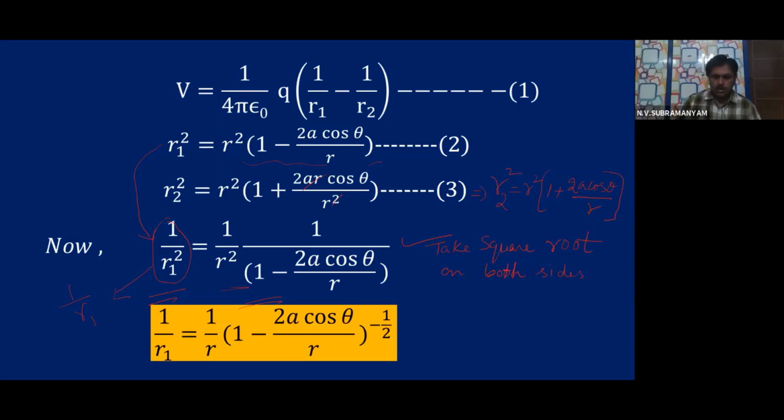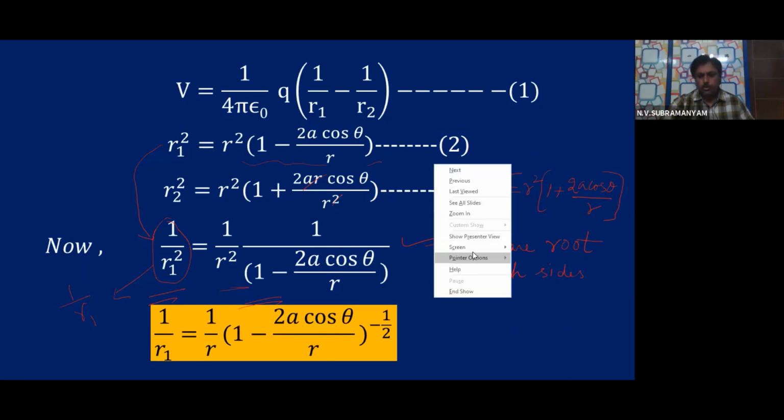Take the square root on both sides. Then automatically you will be able to see that 1 by r1 is equal to 1 by r into 1 minus 2a cos theta by r to the power minus half. I will just show you how we got this.